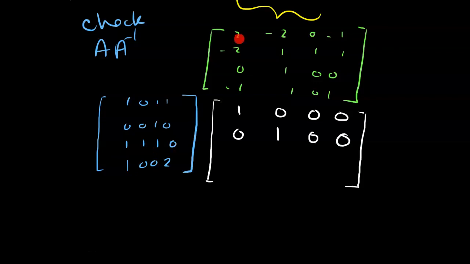So that's really going to be 2 times 1, negative 2 times 1, 0 times 1. So we're really going to add those, get a 0. Negative 2 times 1 plus 1 times 1 plus 1 times 1 plus 1 times 0. So negative 2 plus 2 is 0. 0 times 1, 1 times 1, 0 times 1, 0 times 0. So this gives you a 1.